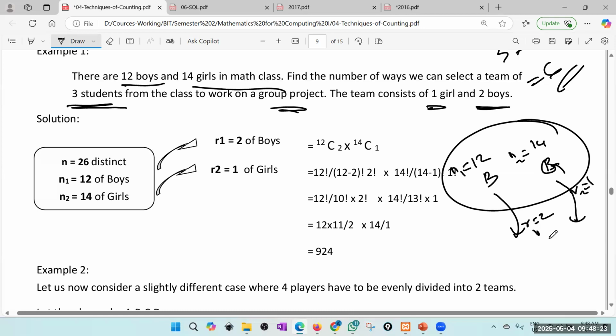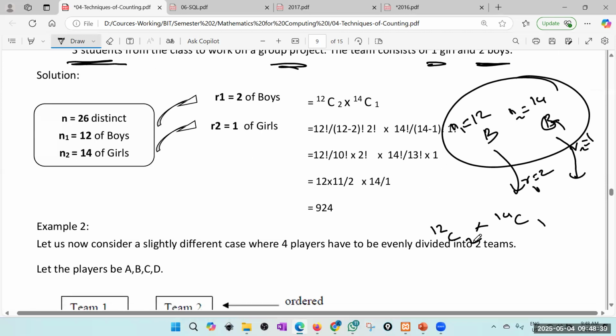So how many ways can they pick a team? That is 12C2, that is N1CR1, into 14C1. So 12C2 is, remember, factorial n divided by factorial n minus r divided by factorial r. That is factorial 12 divided by factorial 12 minus 2, factorial 10, divided by factorial 2, into, this is factorial 14 divided by factorial 13, factorial 1.